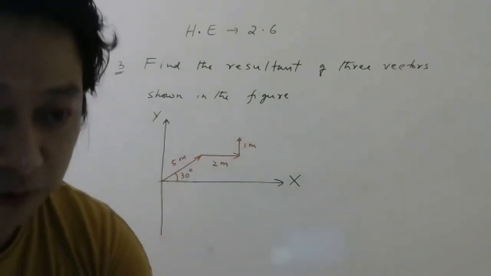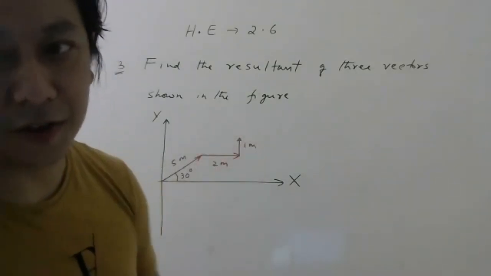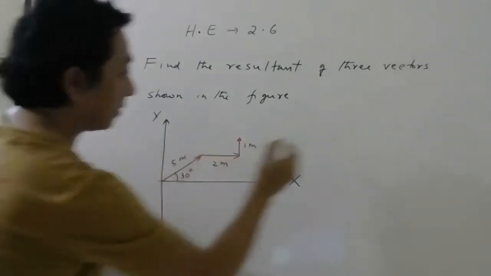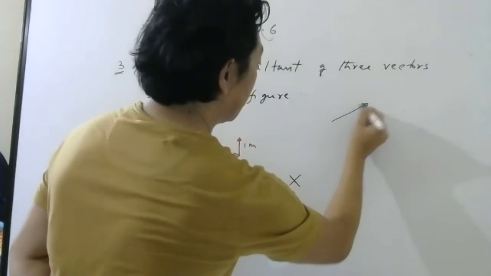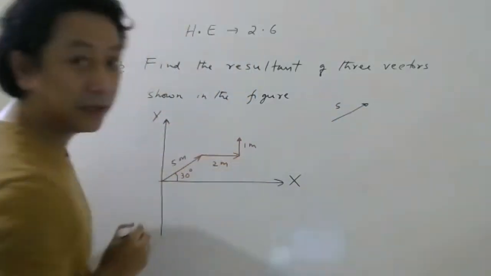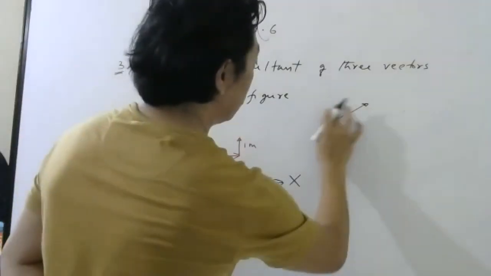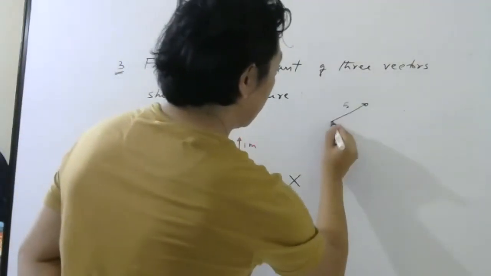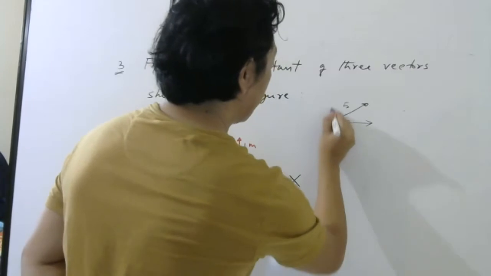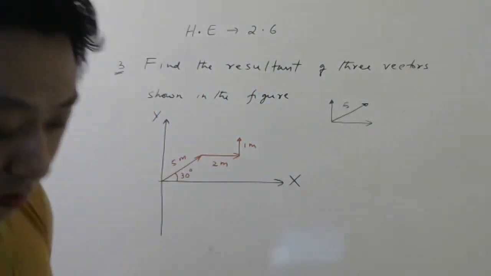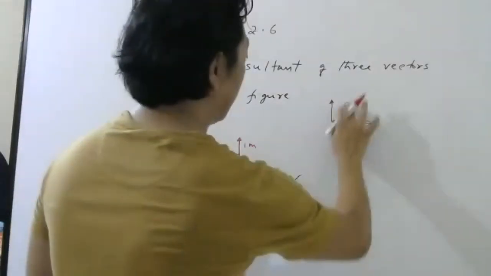What I told you: first take components of the vector. Let us check components of this. First vector is this 5. Magnitude is 5. Angle is 30 degree. So this will have 2 components, right? One here, one here. So these are the components. Let me draw this one with red color.